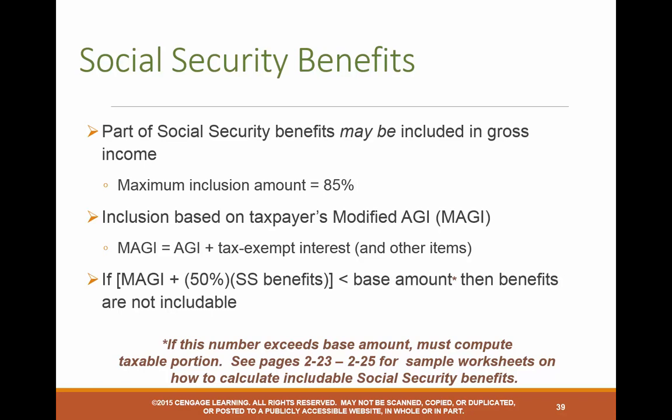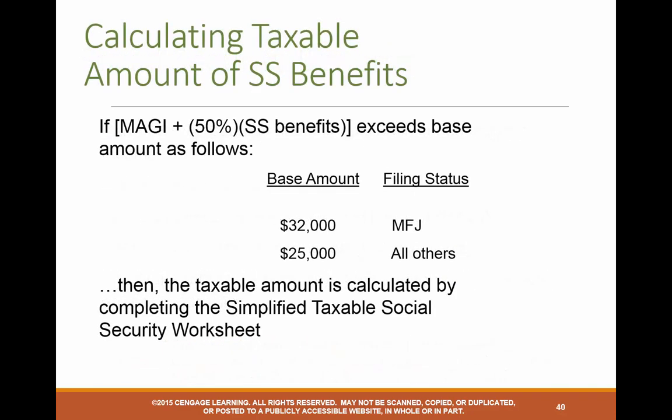It's a real point of contention for people. It's like, because by nature, tax theory says you shouldn't be taxed on your own money ever coming back to you. Because you put money into Social Security, and now you're paying tax on it coming back out. But I can tell you, if we took this away, what we think is a bad deficit now would be... Well, I'm going to show you. So basically, there's two filing statuses, married filing joint and everybody else. And if your modified adjusted gross income plus half of your benefits is more than $25,000 if you're single or head of household or married filing separately, or $32,000 if you're married filing joint, then you're going to go to the simplified taxable Social Security worksheet.